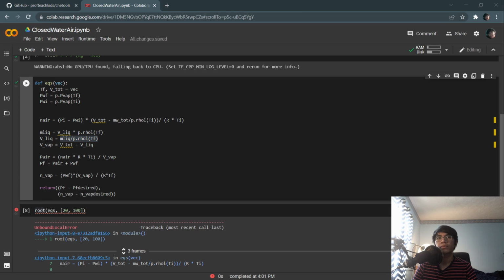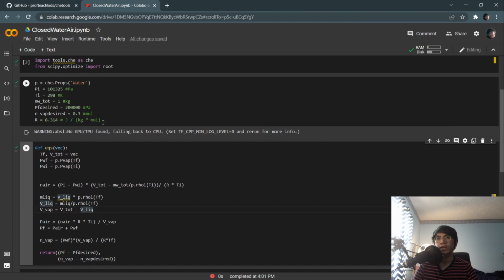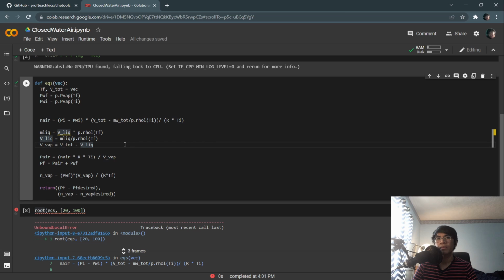You know what? I think I mixed up one of these things, because I remember we're not using our molar mass. So how are we going to fix that? The volume of the vapor is equal to the volume total minus the volume of the liquid. That's good. We need to define our volume of the liquid, which we established was equal to mass over density.